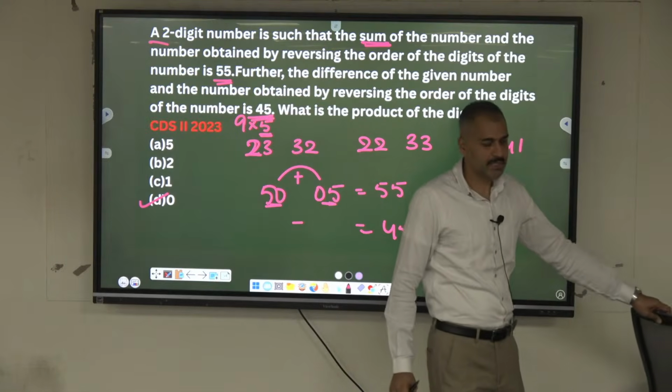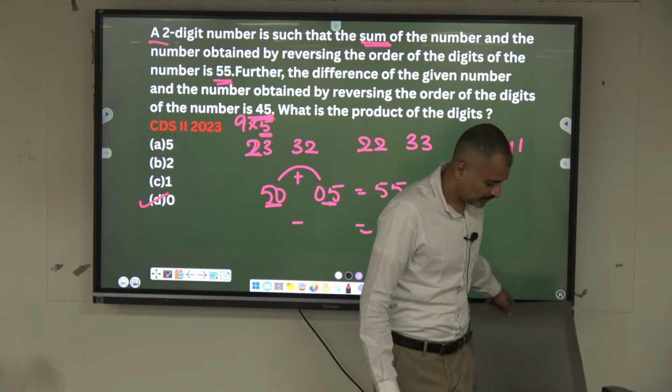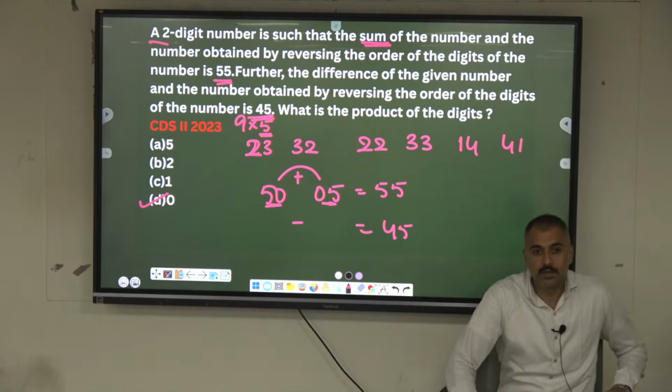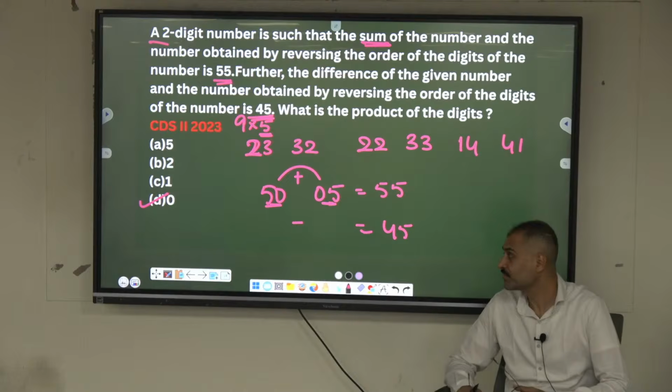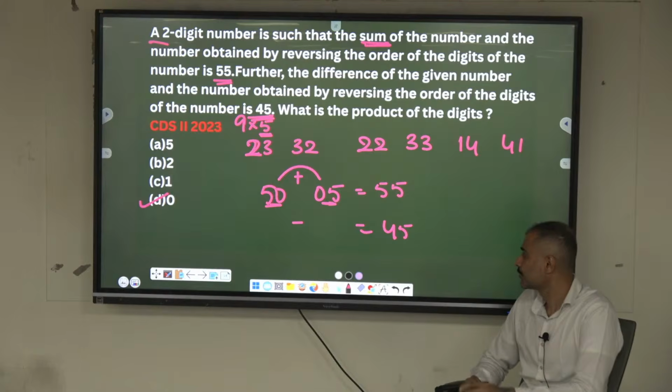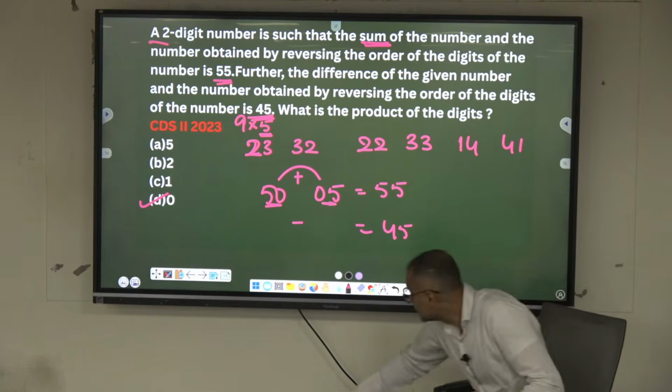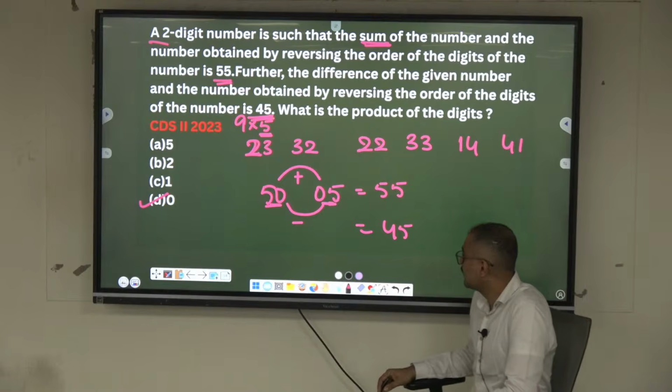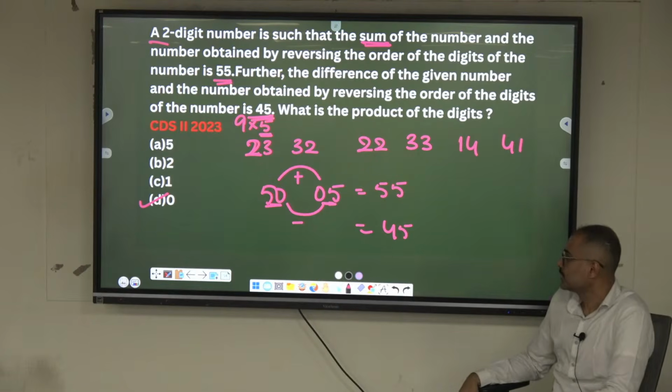Okay, sum is 55, difference is 45. Only possibility.